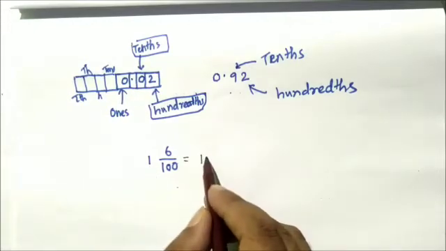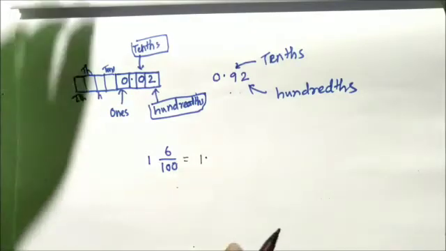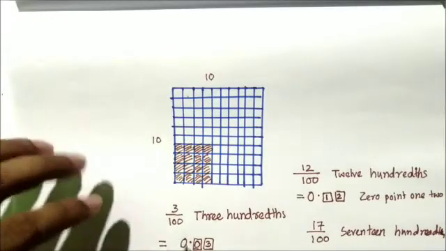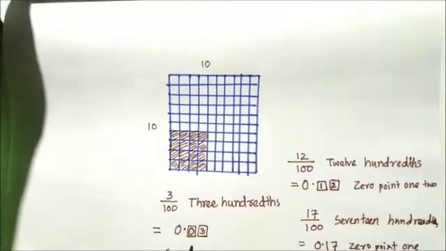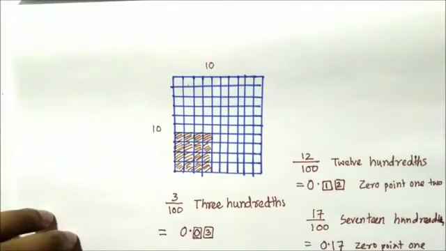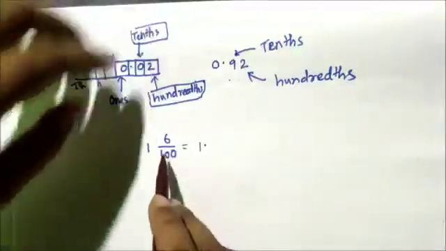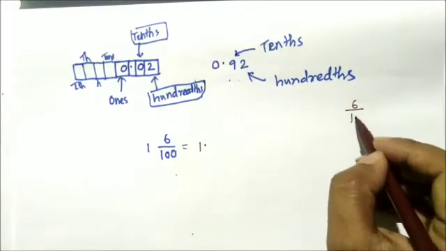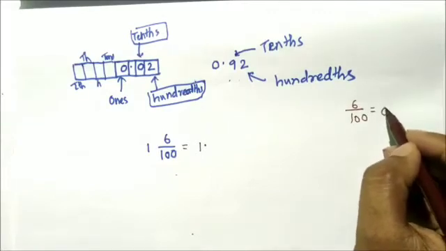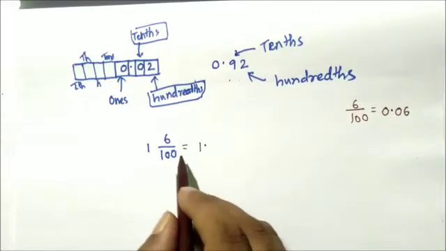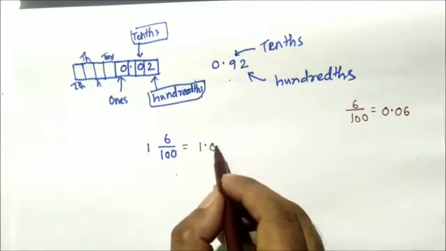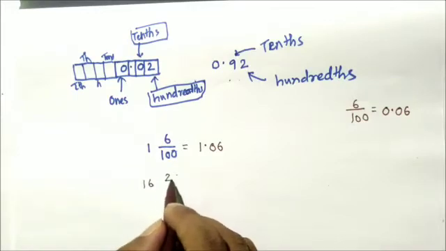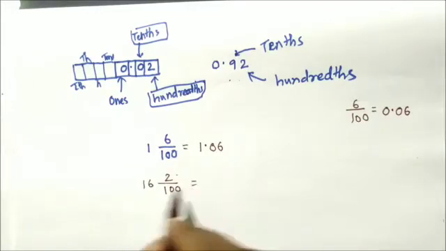You can see here, 3 by 100, and what we have used? 0.03, right? So in the same way, 6 by 100, what will you write? 0.06. So this is 1.06. Correct? Similarly, 16 whole 2 by 100. We will write what?